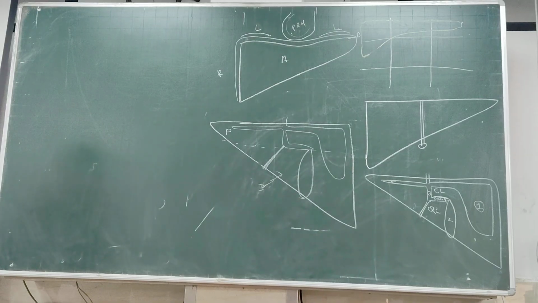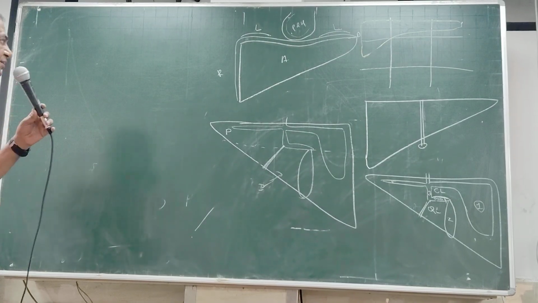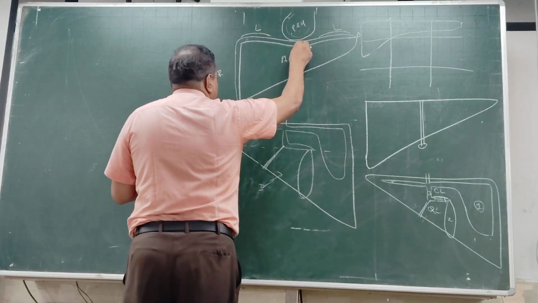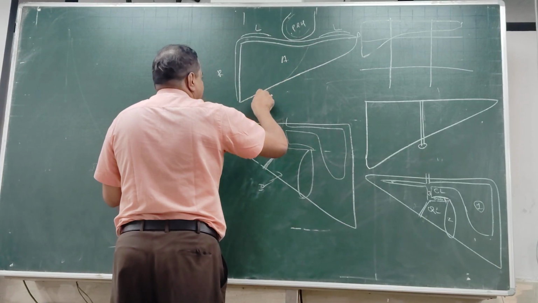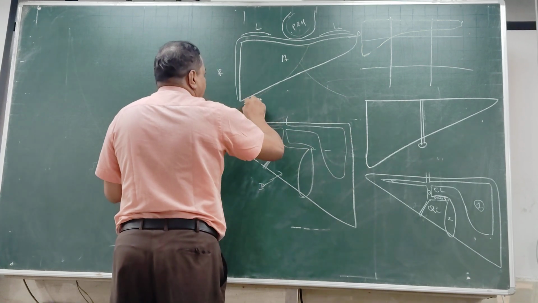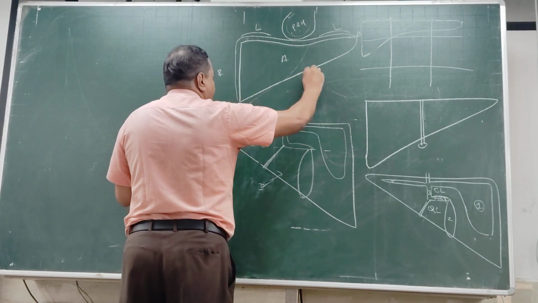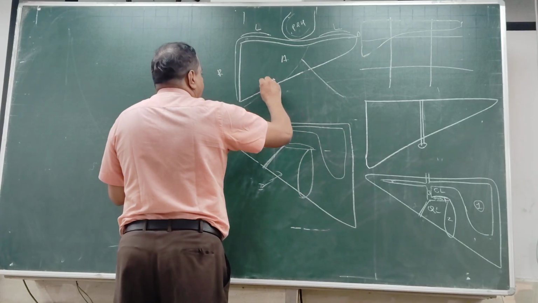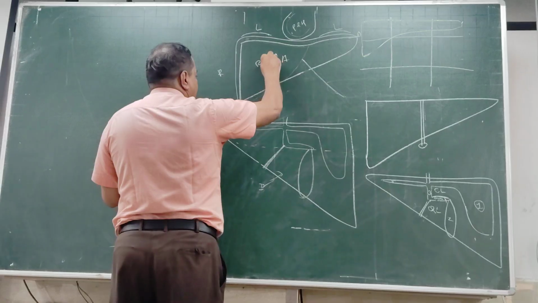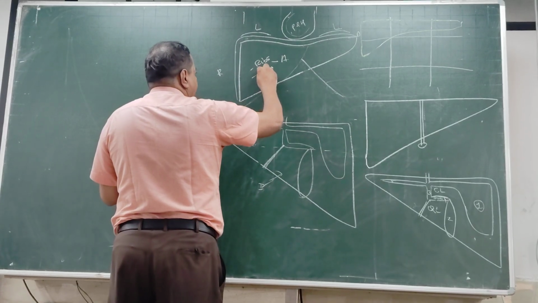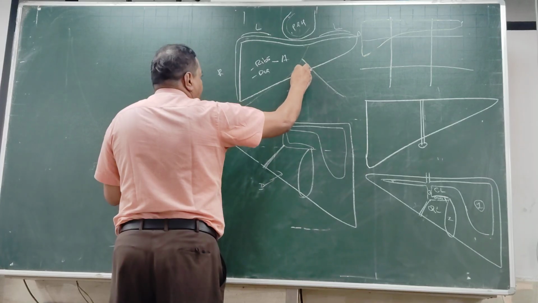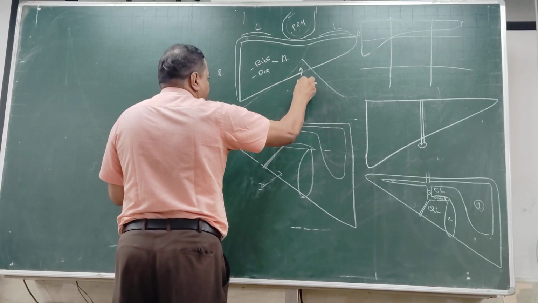Anterior relation. See, here the rib cage will go like this. Okay? So anterior relation is ribs, then diaphragm and anterior abdominal wall.